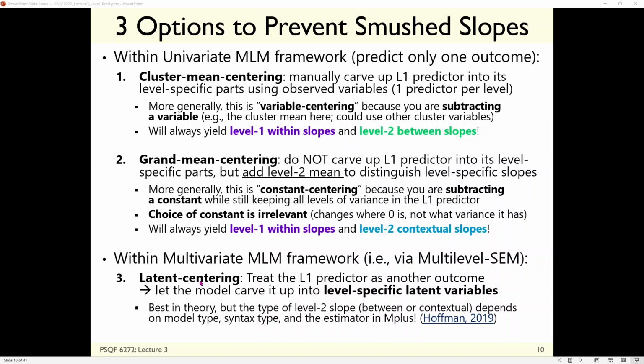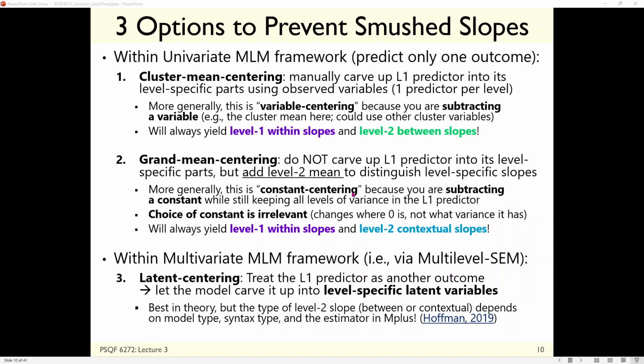Question? So you said for the centering, I know before we manage the constant to centering, but is there a trick, what's the constant we pick? I think you mentioned a while ago that it depends on how we interpret it. Yeah, so there is no wrong answer for what constant to pick. You pick it based on the interpretation that you want to make, because you're controlling what happens to the fixed intercept in particular.